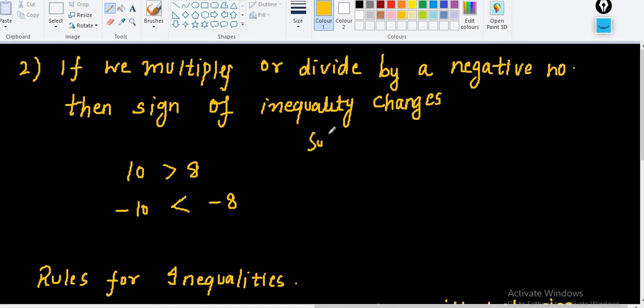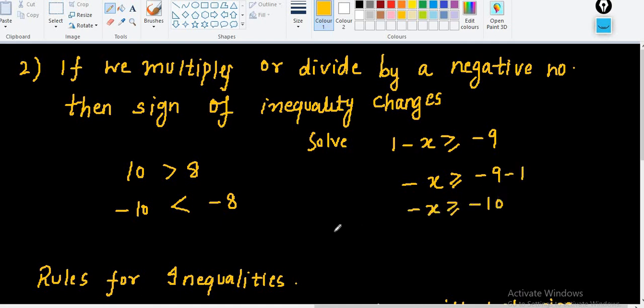For example, if we are given solve 1 minus x greater than -9, so you will bring this 1 on the right hand side, you will get minus x greater than -9 minus 1. So minus x is greater than -10.